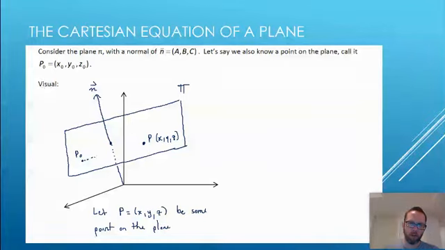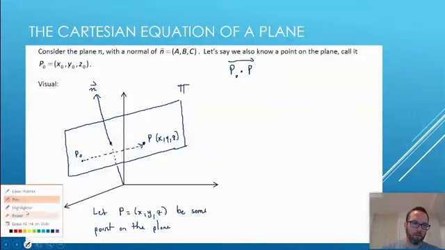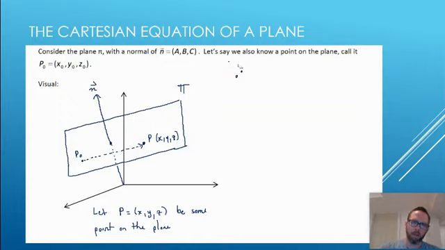Then I hope you guys would agree the vector P naught P is a vector contained in the plane. So this vector that goes from P naught to P, I wrote that wrong. So P naught P is in the plane.